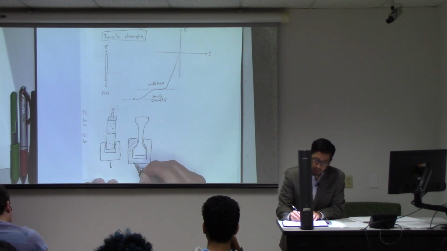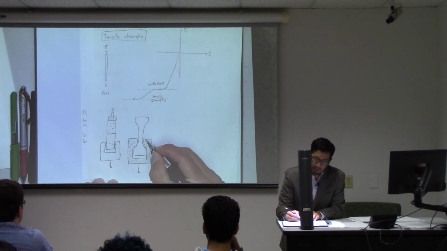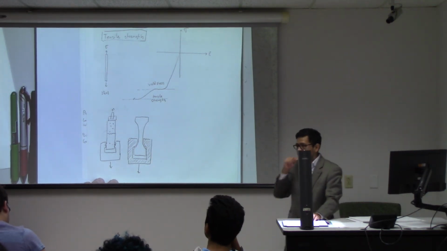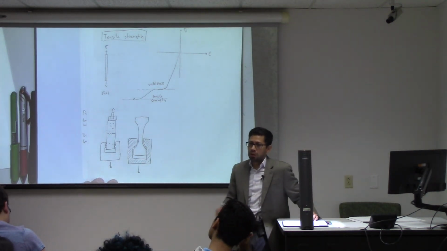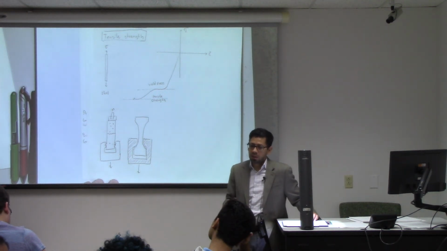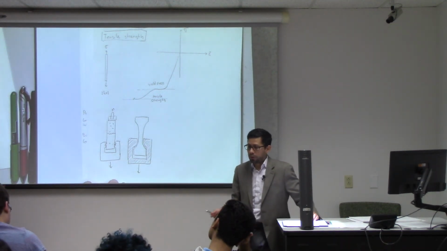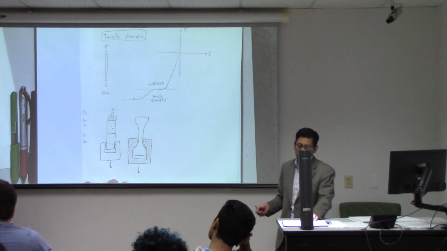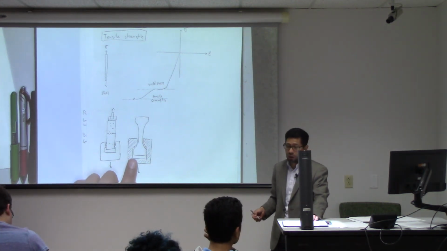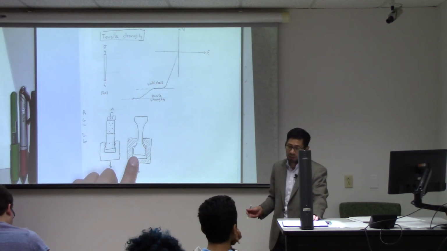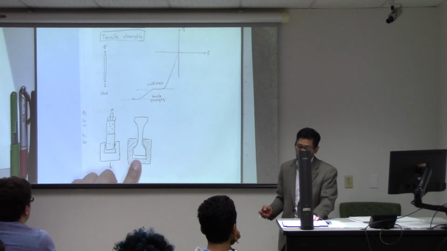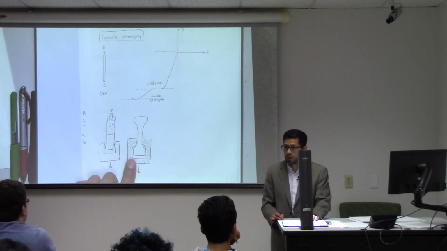But the problem with this is that you cannot really machine rock. It's not very easy to machine rock. You can machine steel, you can machine aluminum, you could more or less shape wood, but rocks are sometimes very fragile, and they have a low tensile strength, so you're not going to be able to do that.